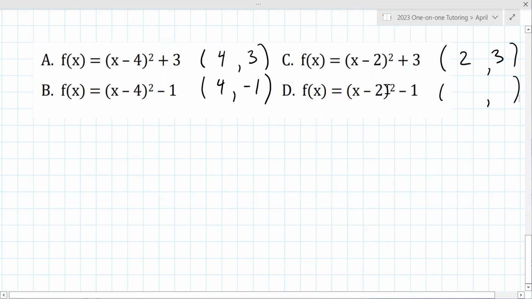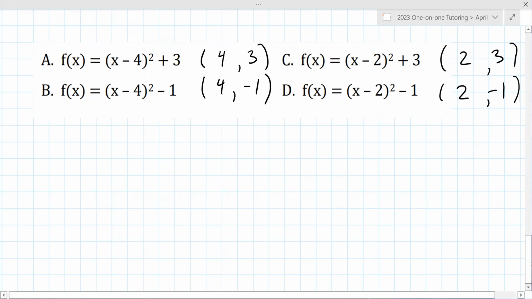Oh, that confused me because you would think it would be to the left on the graph, but it's right. That's right. Yeah, this one's 2, -1. The middle one is the most difficult one. Anything inside parentheses is going to be really tough.